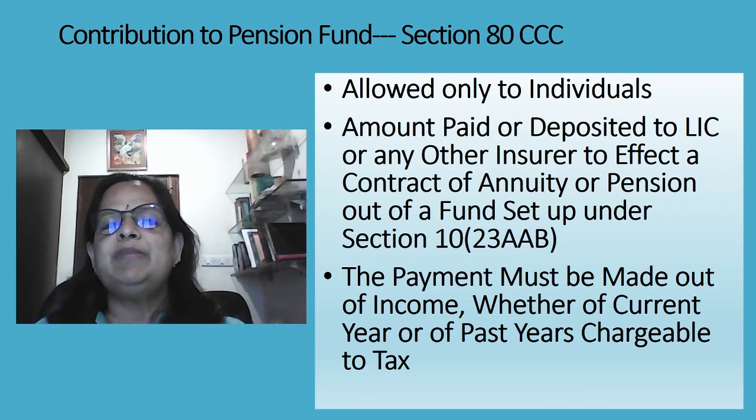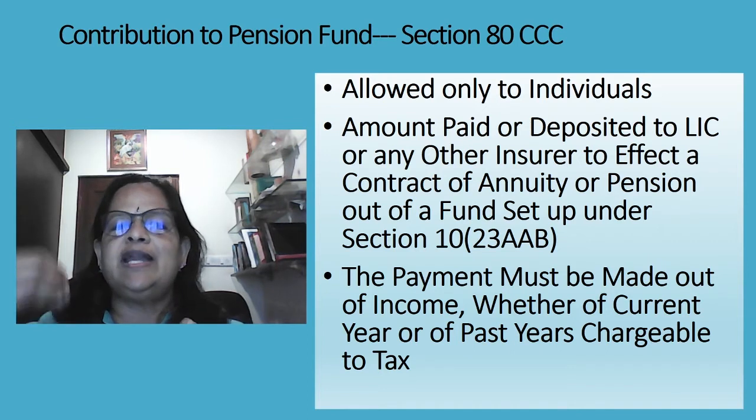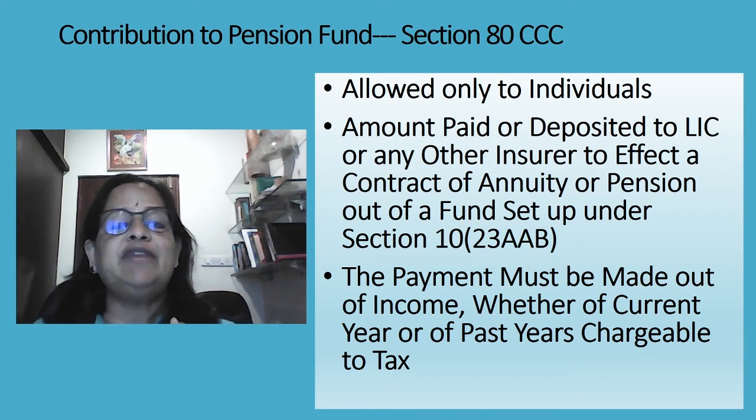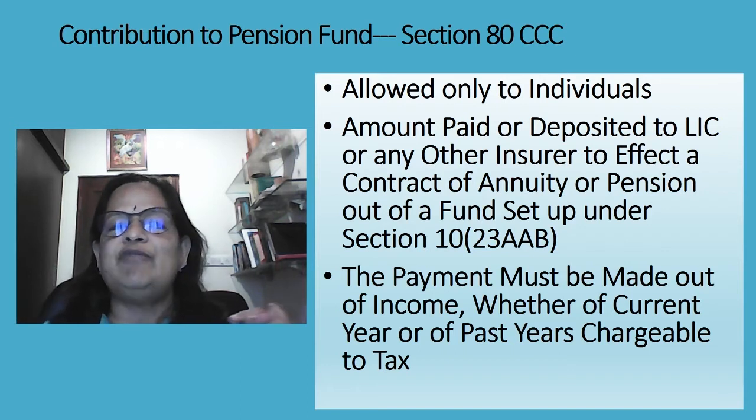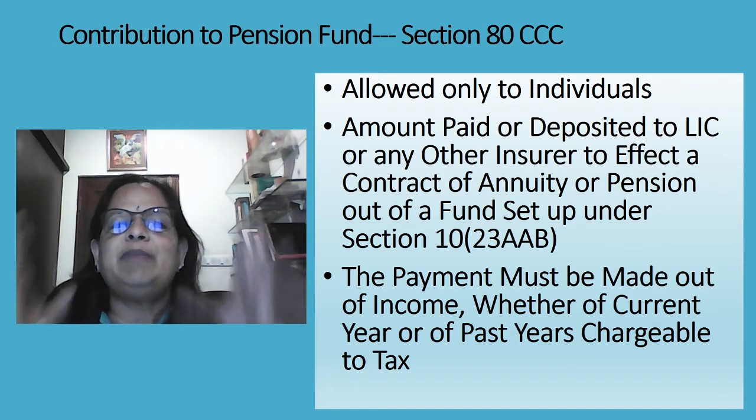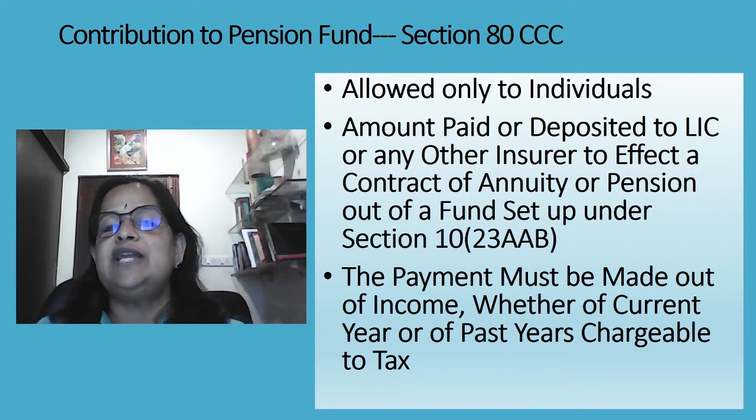You have to remember that this is allowed only to individuals. Every section I will start like this, with whoever it is available to. Some sections, as we have seen in capital gains, are available to everyone: individuals, HUF, company, association of persons. But this pension deduction can be claimed only by individuals.